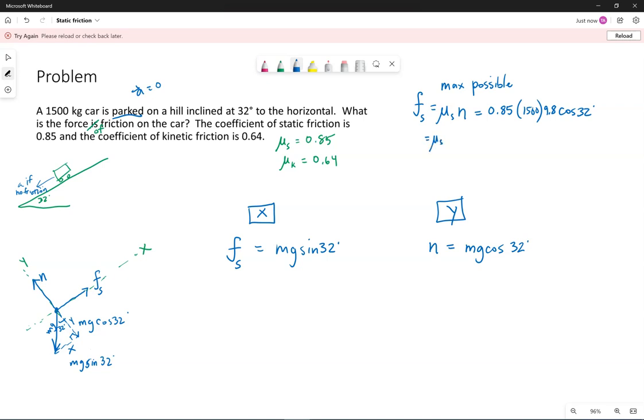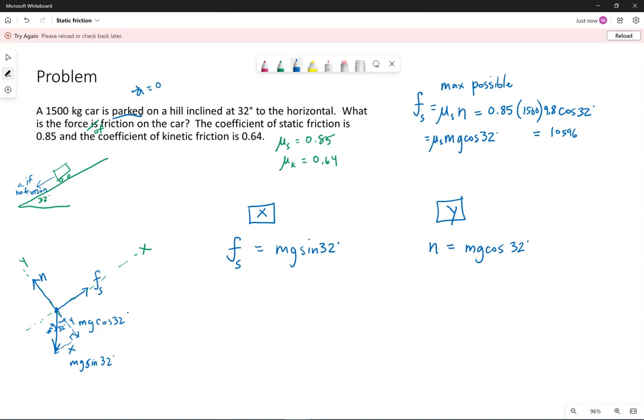I've essentially just plugged in mg cosine 32 for the normal force, because I know that's what it needs to equal to balance out the forces in the y direction. That's 10,596.